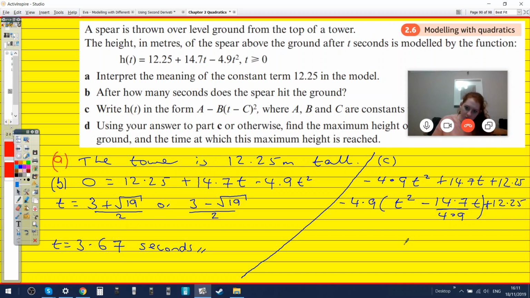Do you have to get rid of the square and the t? Yeah, you complete the square. So how do you do that?